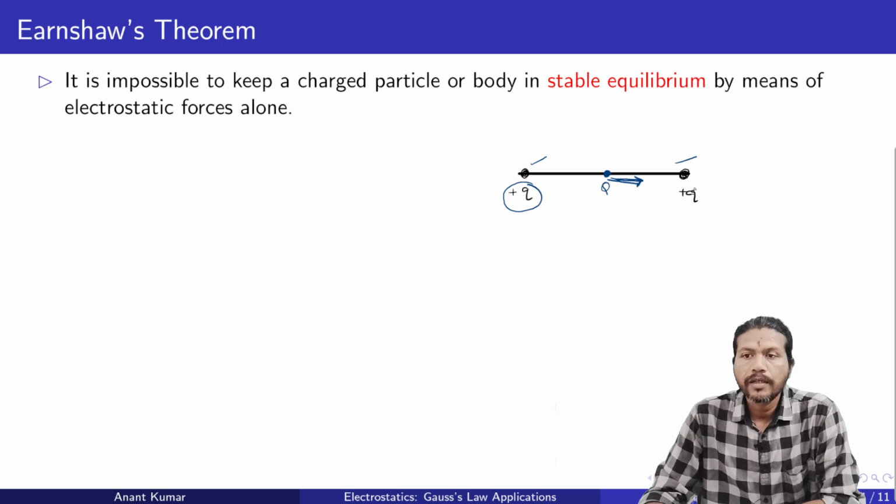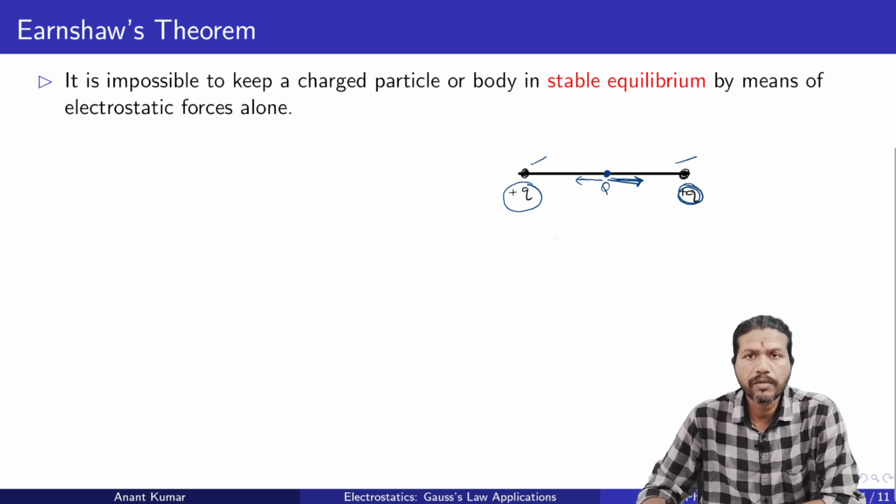On the other hand, the charge on the right is going to repel it in the opposite direction, and because the forces are identical, as the charges are identical and the distances are the same, the middle charge is in the state of equilibrium.